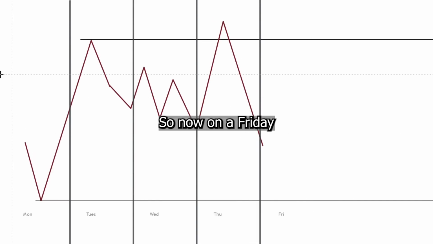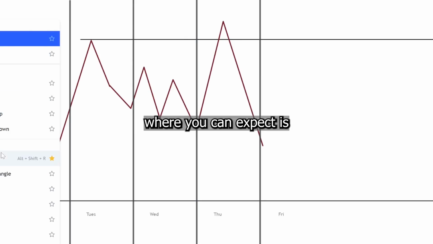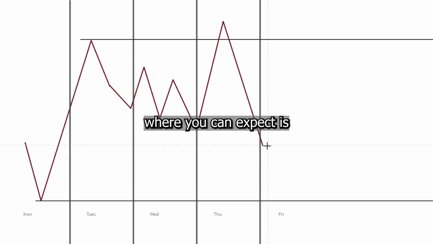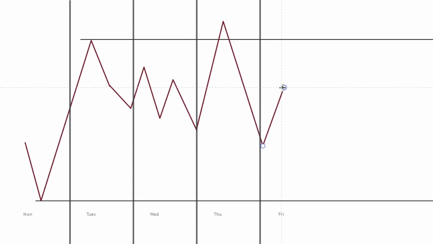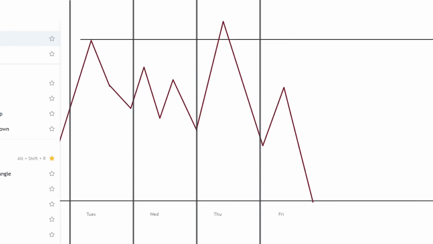Now on Friday, what you can expect is a bearish day. Price will start off as a micro fake out, which would be a bullish swing, and then price will close bearish. You're not trying to predict this.